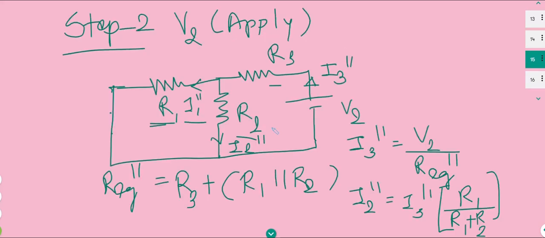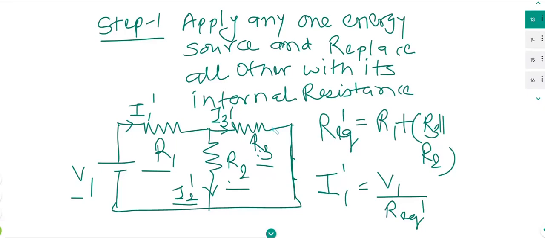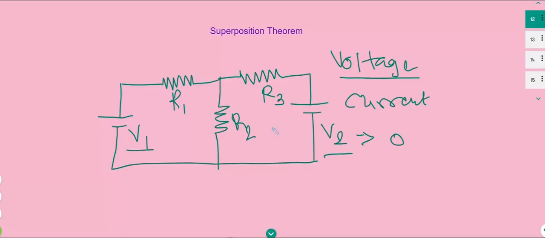Now you see in the first case you have I1 dash in this direction, I2 dash and I3 dash.